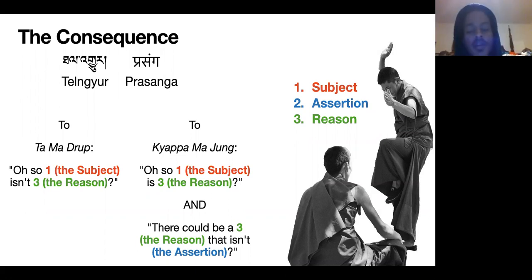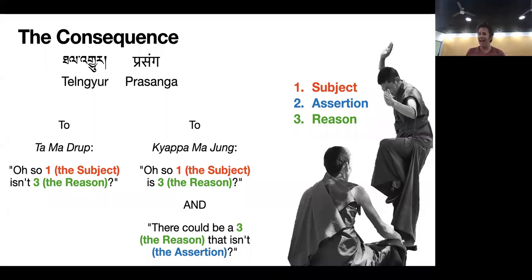Oh, I see. Okay. So Kiapamajung: my future enlightened self isn't here now, but just because something isn't here now doesn't mean that it doesn't exist. Yeah, good, sure. My future enlightened self isn't here right now, but that doesn't mean it don't exist. They don't exist.